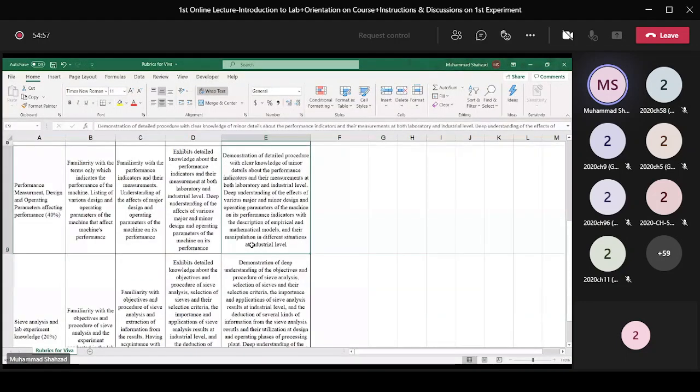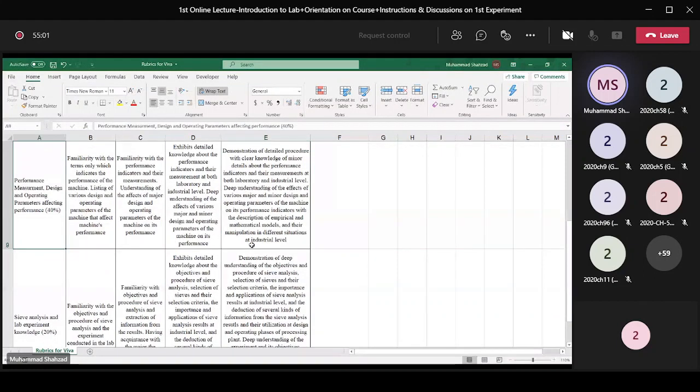The third one, performance measurement, design and operating parameters affecting performance. Obviously, this section will carry more weightage because it is related to optimization, your first job at the industry. So demonstration of detailed procedure with clear knowledge of minor details about the performance indicators and their measurement at both laboratory and industrial level.